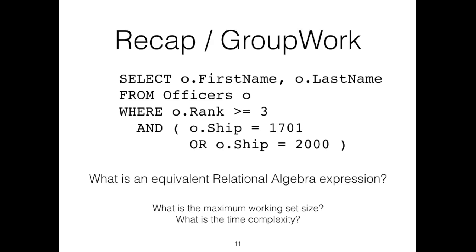I want you to turn to your nearby neighbor and spend maybe 5 to 10 minutes coming up with a relational algebra expression for this query, and then thinking about both the maximum working set size and how much data is going to go through each of the operators if you put the operators in a tree structure like we've been talking about. So take maybe 7 minutes.